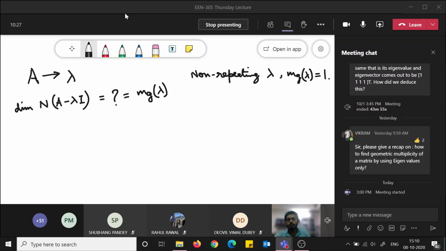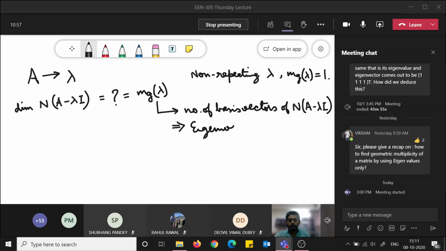What does this mean? This dimension also gives you the number of basis vectors of this space, the null space of A minus lambda I, and these are nothing but what we also refer to as the eigenvectors.